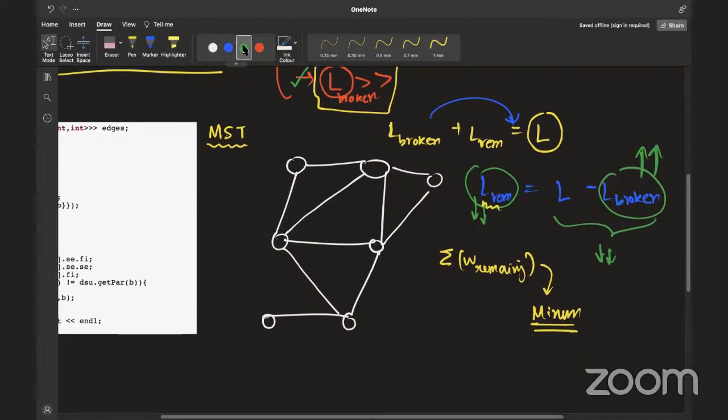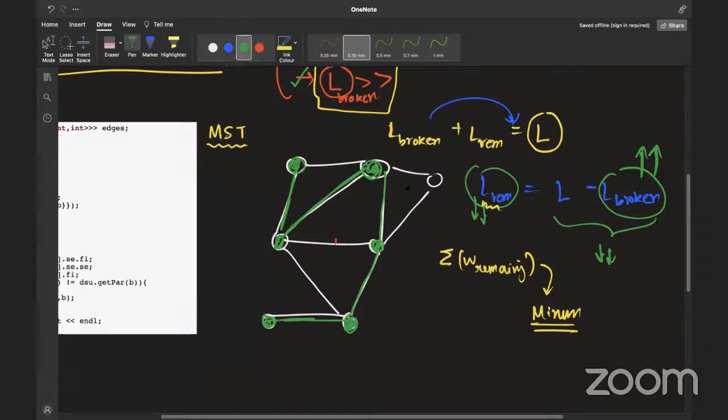So what you would want to do is find an MST of this graph, and say that this particular MST is the network of remaining roads. All the roads that are not present in the MST, we are breaking these off.